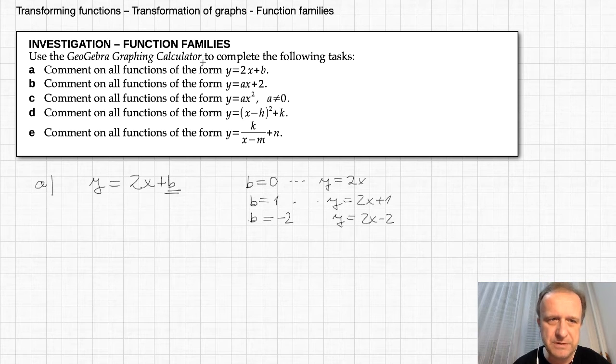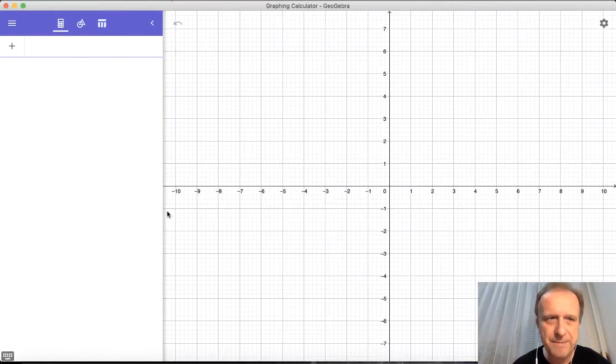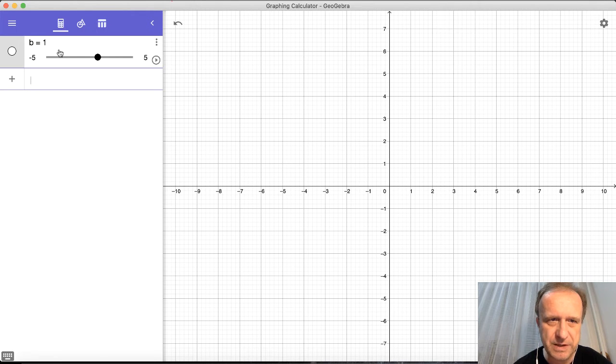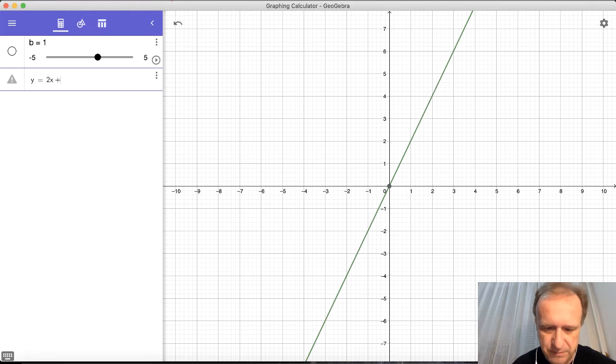Okay, so to do it, we are going to use the GeoGebra calculator, and I'm going to type in this function 2x plus b. But before that, I need some way to change the parameter, and therefore what I do is I just type in b, and GeoGebra creates a slider for me. So this is the slider, and now I can write the formula y equals 2x plus b.